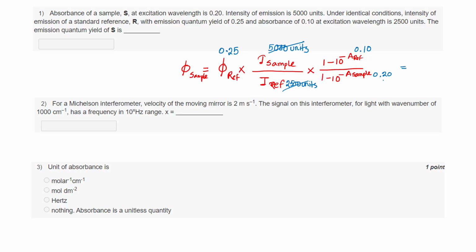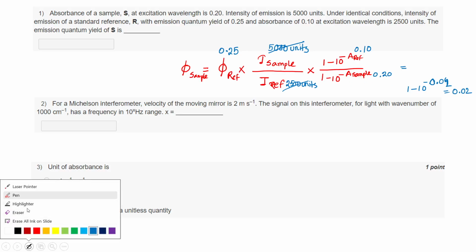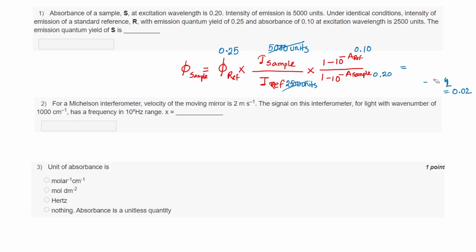Meaning, instead of 1 minus 10 to the power minus 0.04 or 0.02, I could have written it directly as 0.02. But it has quite some value, 0.1 and 0.2, so I have to use the calculator and get the value.